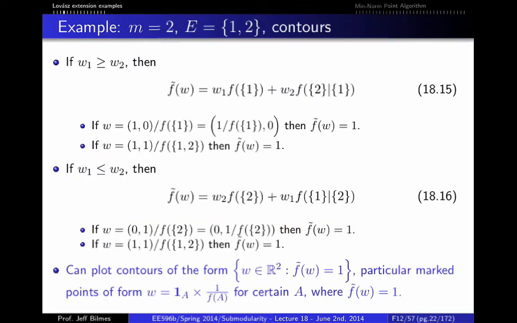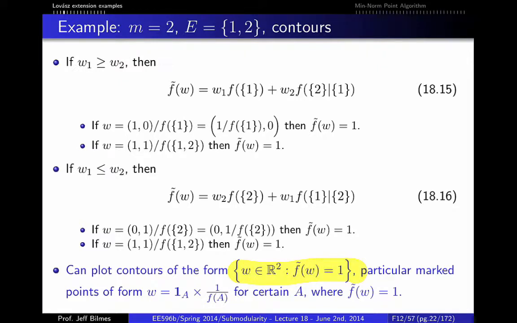And so what this allows us to do is look at contours of the Lovász extension, because the Lovász extension in general is sort of hard to visualize, especially in high dimensions. So what we can attempt to do is look at contours and other aspects of visualizing the Lovász extension. We know it's going to be convex, we know it's going to be polyhedral, but we know also it's a special convex function. It's positive homogeneous and has all these other properties. And so we can look at contours, which are basically W such that the Lovász extension is evaluated at 1.